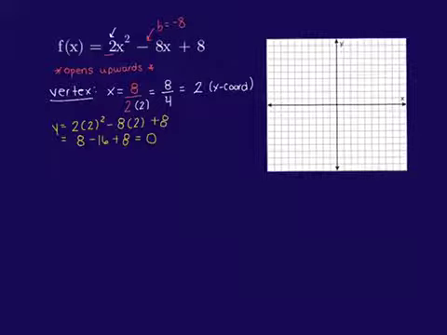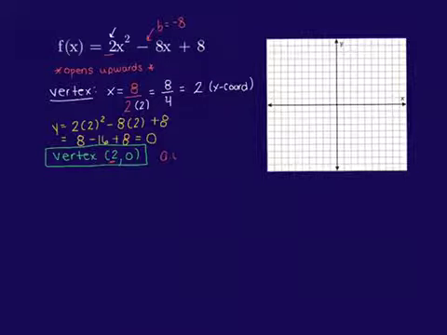So our vertex is at 2, 0. So that's one piece of information that we will need. Now remember that whatever this x value is, that's the same thing as our axis of symmetry. So our axis of symmetry is a line, and it is going to be at x equals 2.